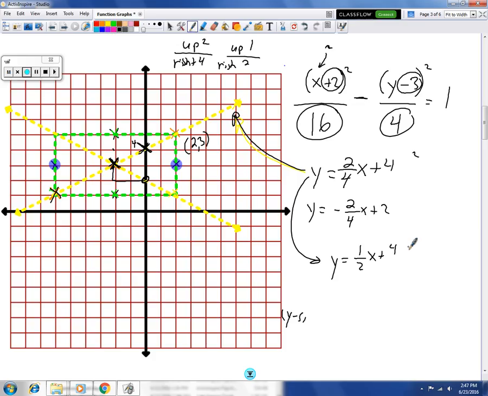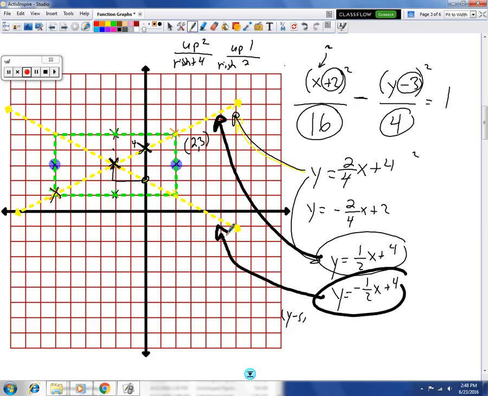And the other one is the same thing. So this is the equation of that line, and this equation is a graph of that yellow line.